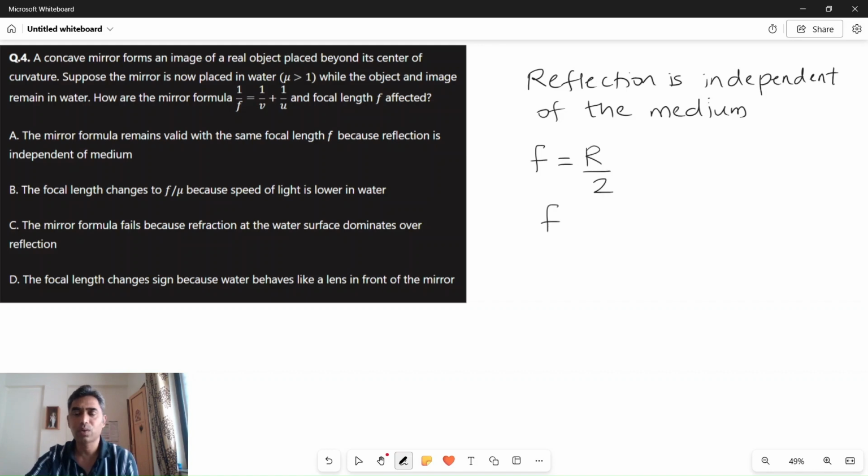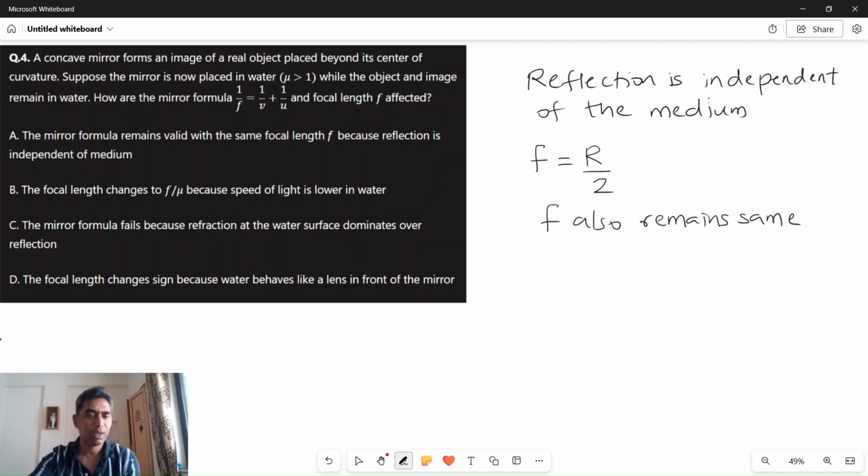So f also remains the same. Nothing will happen to the image and the object. Neither the reflection is affected nor the focal length. Focal length does not change. Even if you put it in water, it stays what it was before. So nothing changes.